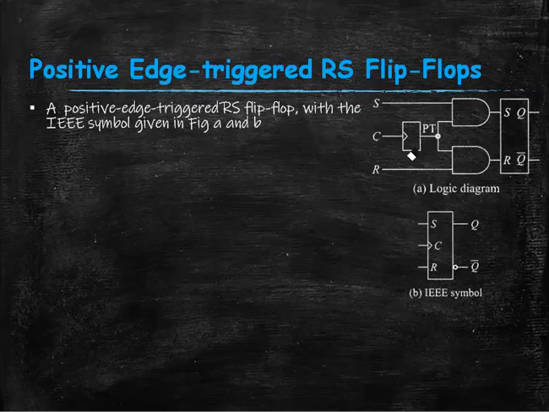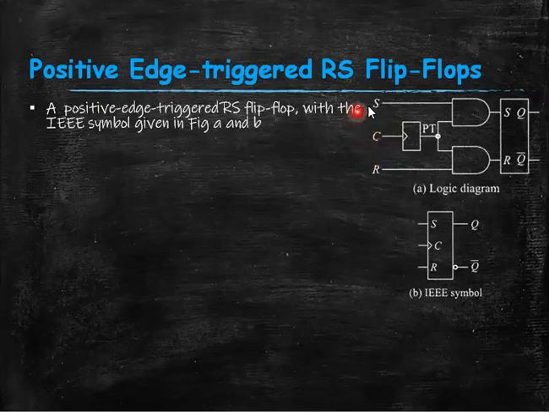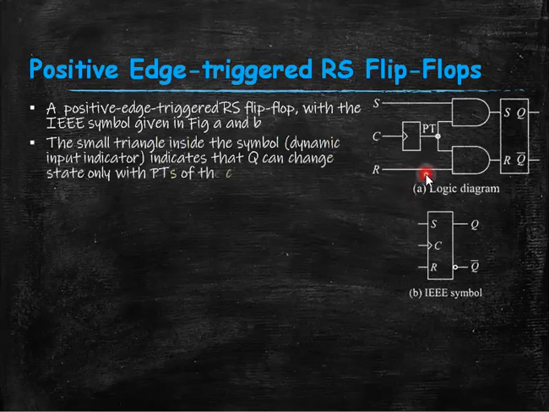Here, the given clock is labeled as C, and a small triangle. This small triangle shows the positive edge triggering.